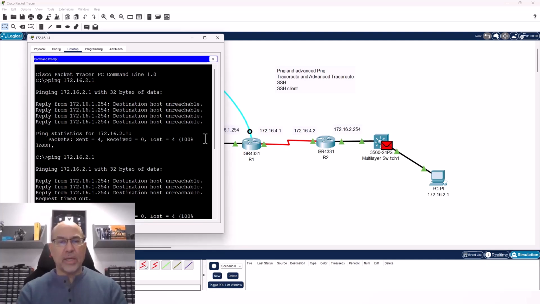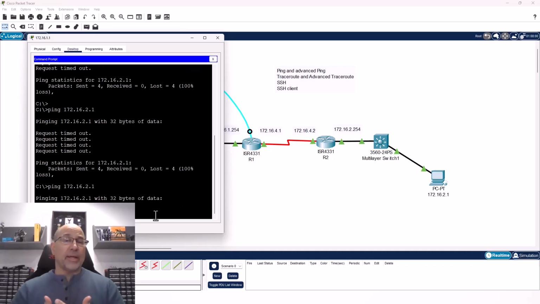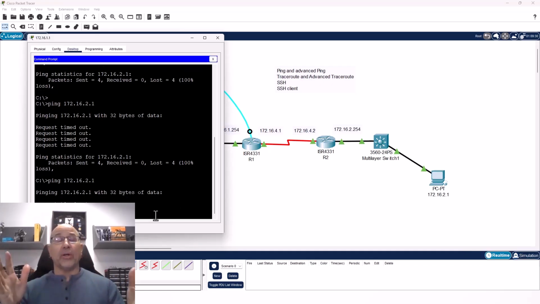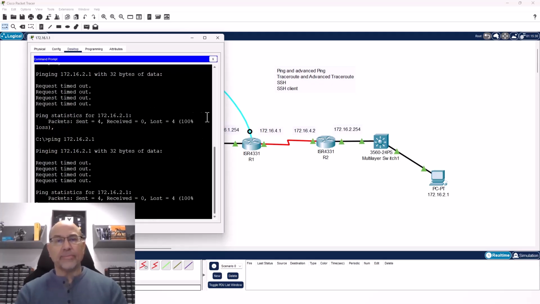We cannot see what happened. We just get no answer. So it's a little bit like a black hole. We just send it out there and we have no idea where this actually broke. And so these are 2 important differences that we get when we're taking a look at the output from ping.